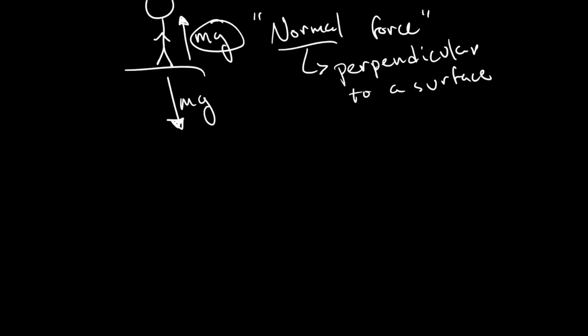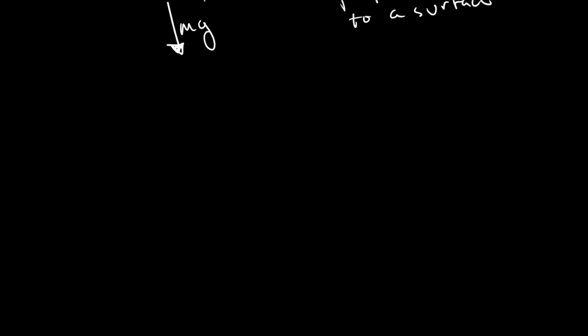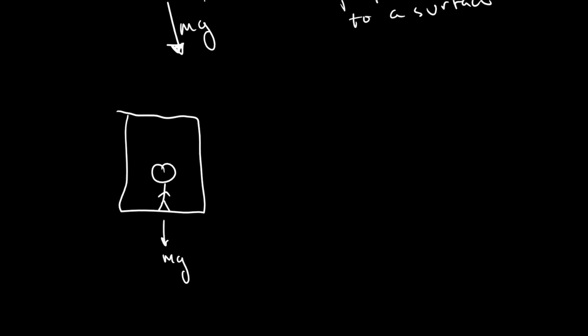So let's think of a less trivial example of being in an elevator. When you're in the elevator, if it's moving at a constant velocity, we know that that's the same as it not moving because we can shift our reference frame. And the picture is the same as here. You're pushing into the floor with some force mg, and the floor is pushing back on you. But now let's say we start accelerating the elevator.